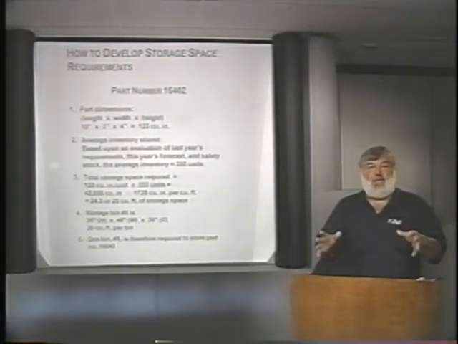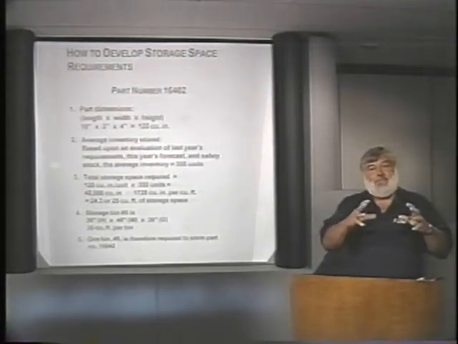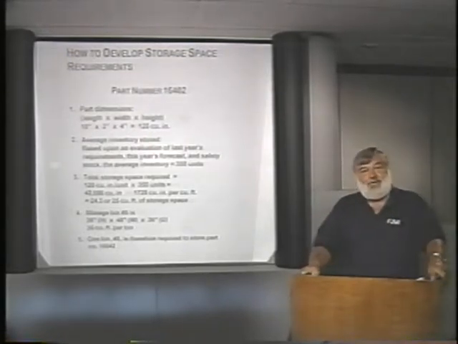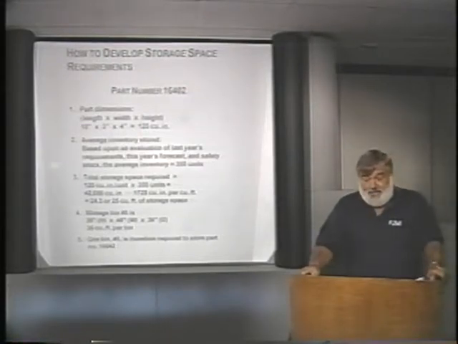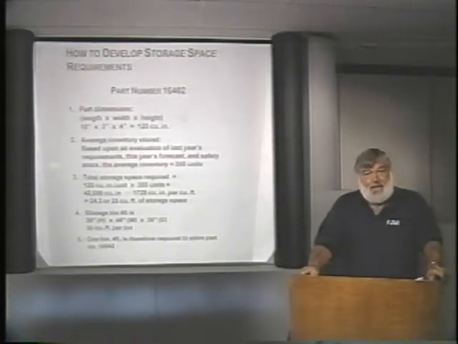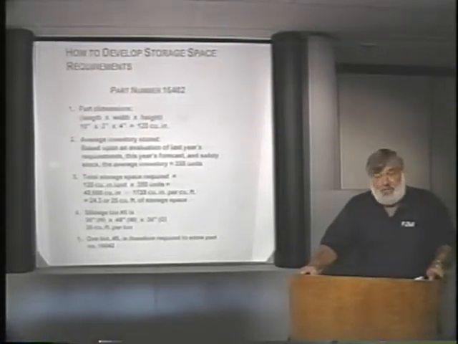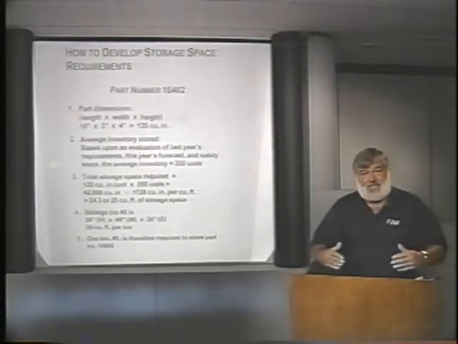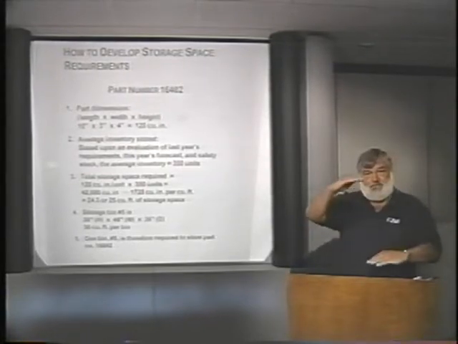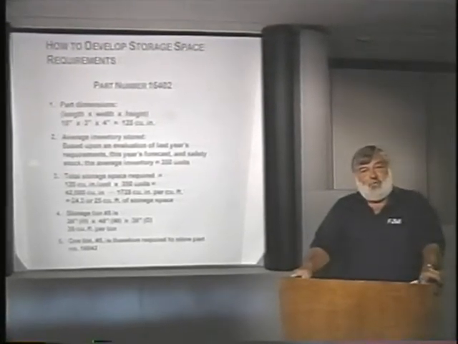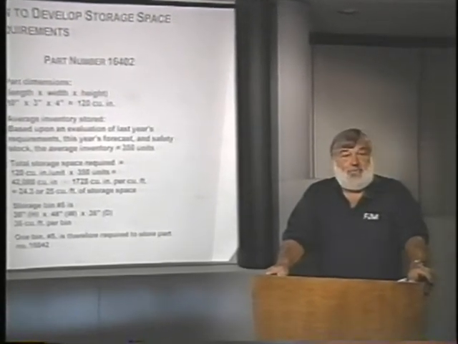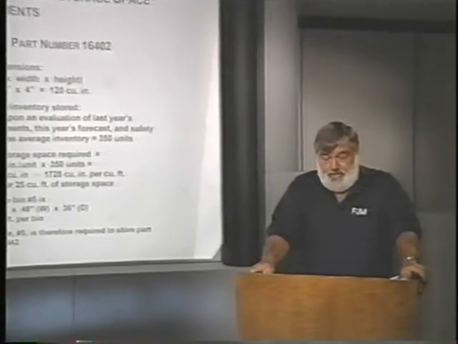We have developed a storage bin size and numbering system for this illustration, and storage bin number 5 will accommodate the height of 36 inches, the width of 48 inches, and the depth of 36 inches. That's the actual shelving space plus the height, which gives us a total of 36 cubic feet of space per bin.